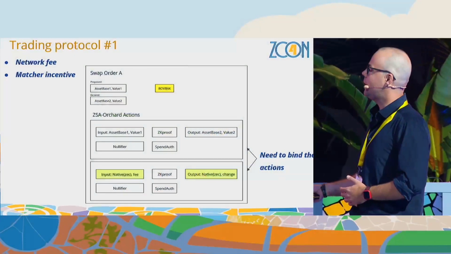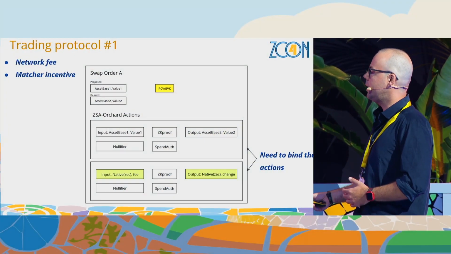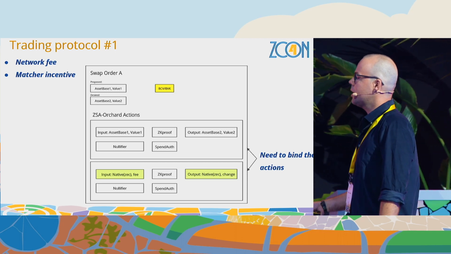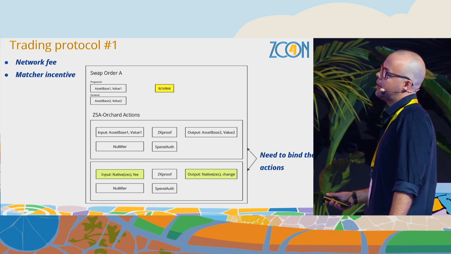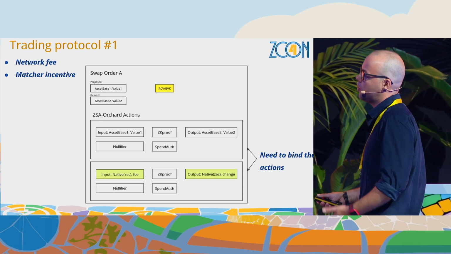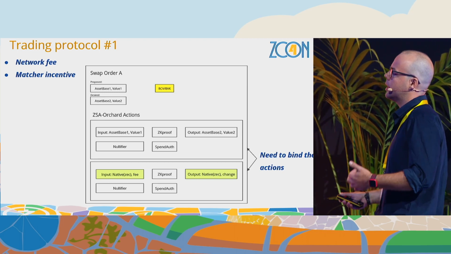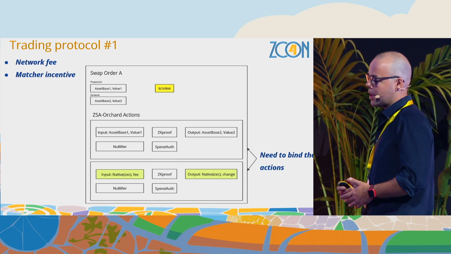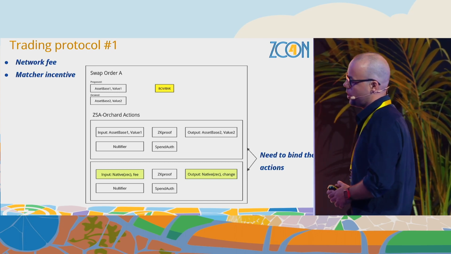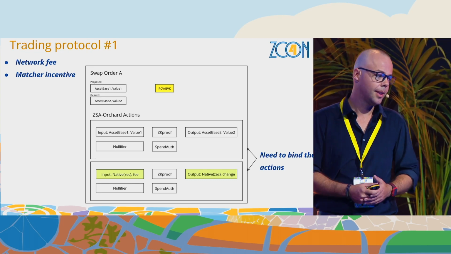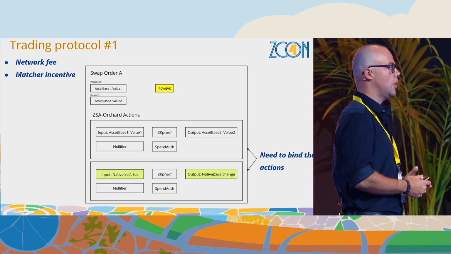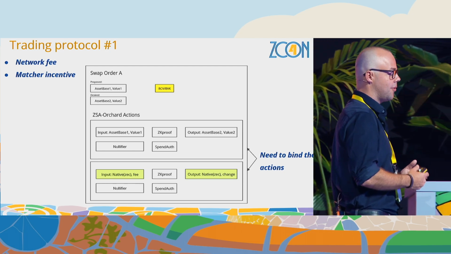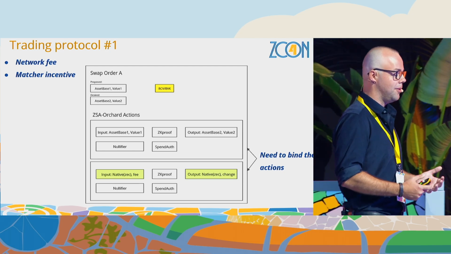Okay. In addition, if we are already willing to allow multiple actions, we also have the opportunity to tackle the incentive problem. We've seen some partial solution for incentives for the matcher before, but it can only work for liquid tokens, for liquid swaps and liquid values.